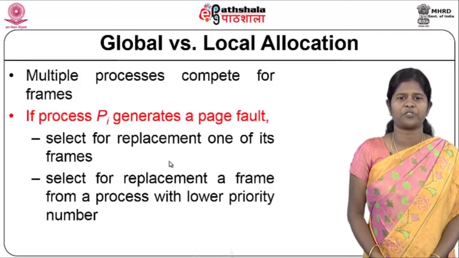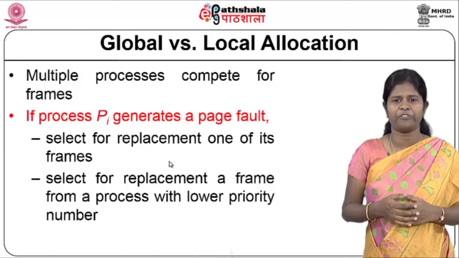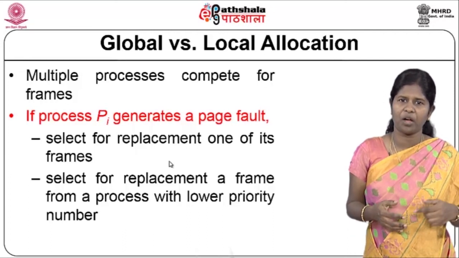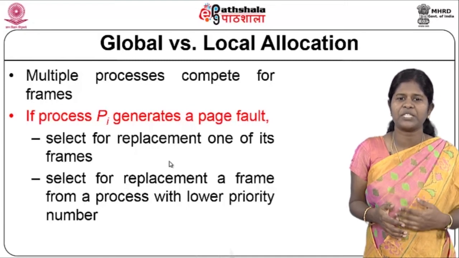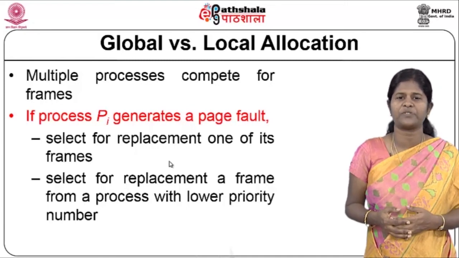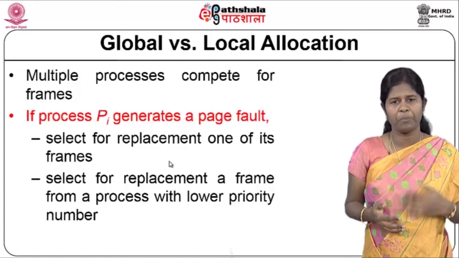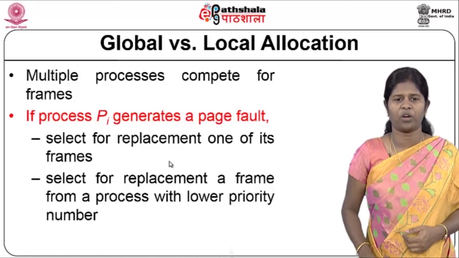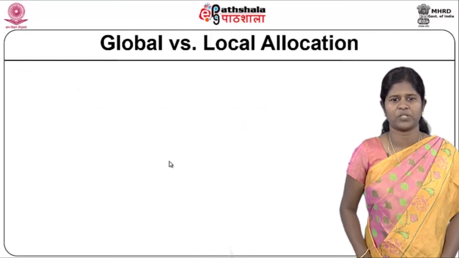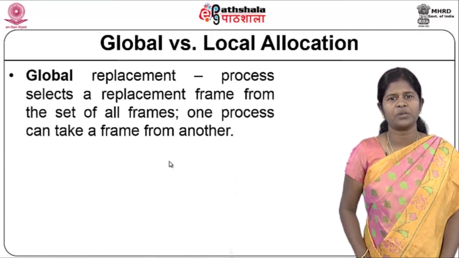Whenever there is a page fault, you can select one among the frames that is allocated to this particular process for replacement, or you can select for replacement a frame from a process with a lower priority than this particular process. So, it is called global and local replacement.